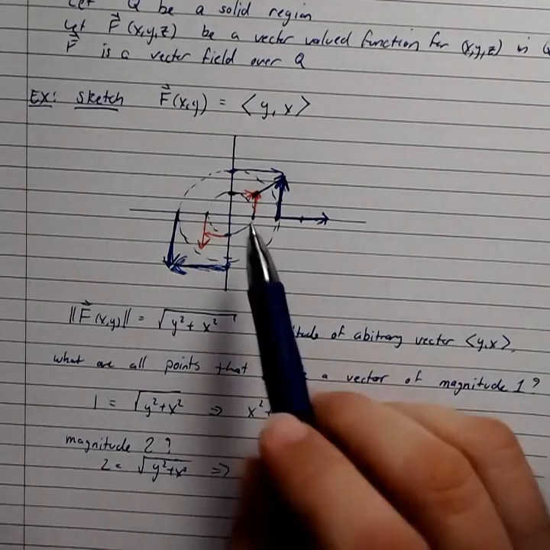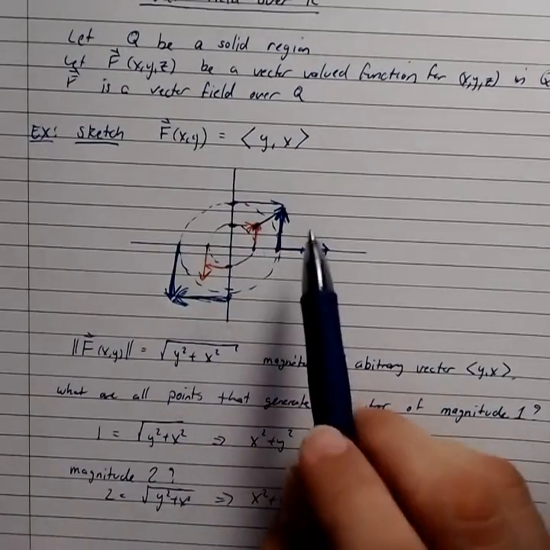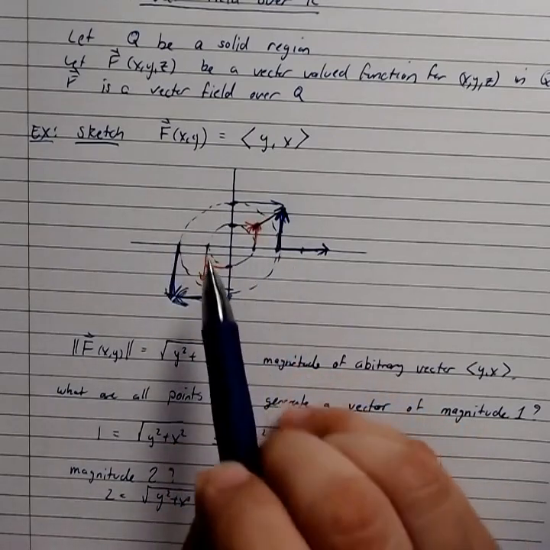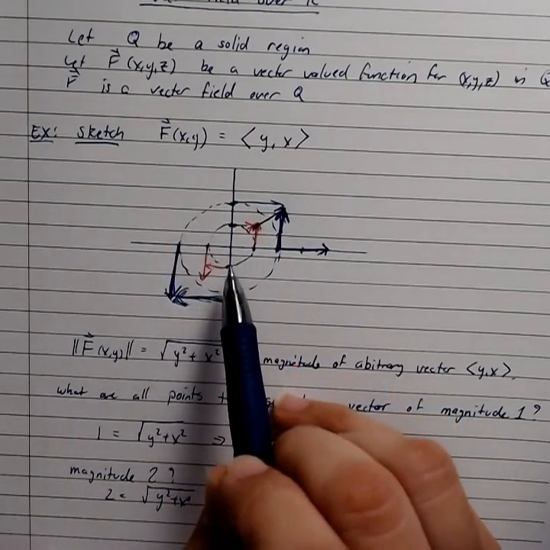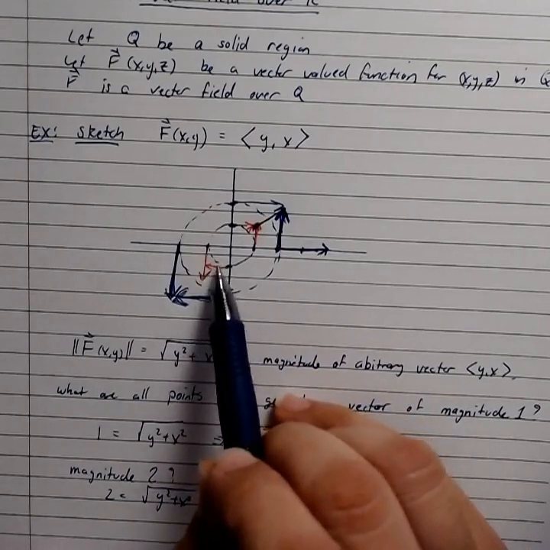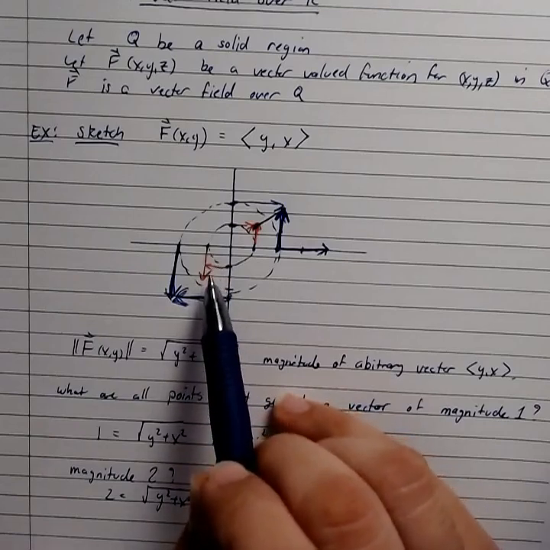So even this simple and somewhat limited illustration shows us what we mean by a vector field. Essentially, on every point of your plane, you're assigning a vector. At this point, there's something that's causing a vector that is going in this direction, but not only is it giving you a direction, it's giving you a magnitude.